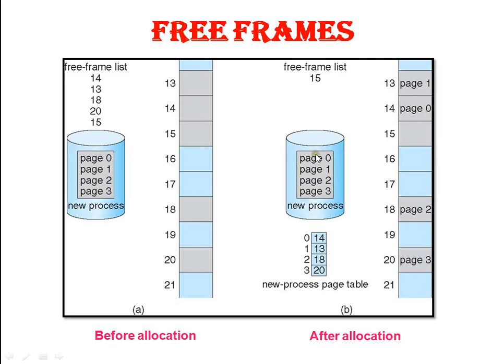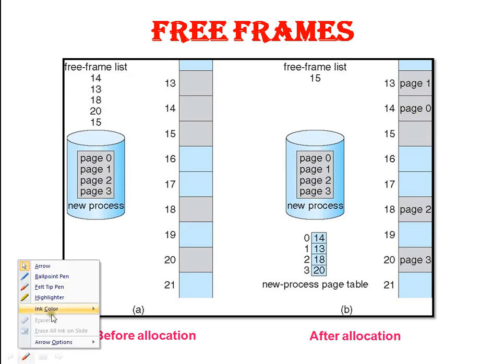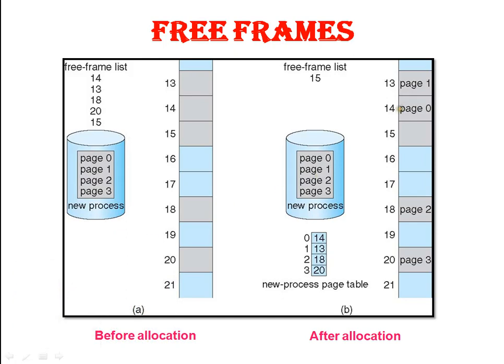First, page 0. From the frame list I can see frame number 14 is free. So frame number 14 will be occupied by page 0. Next, page 1 is stored inside 13.